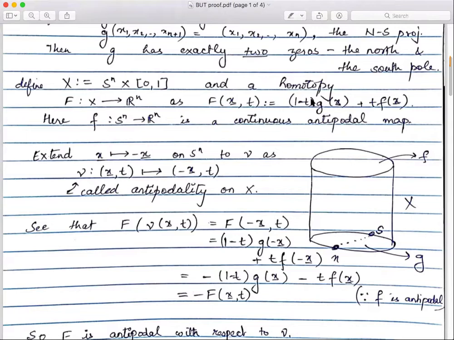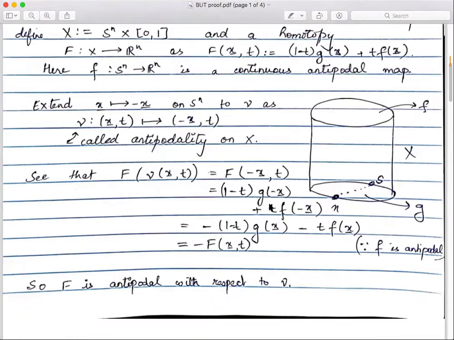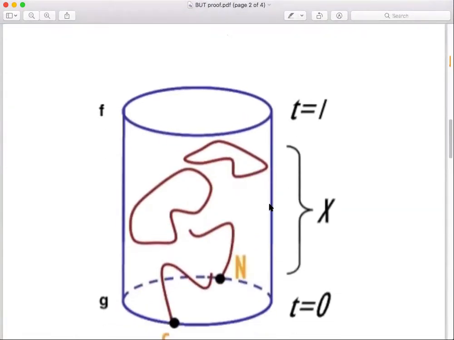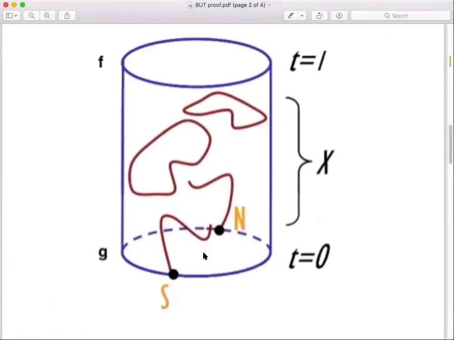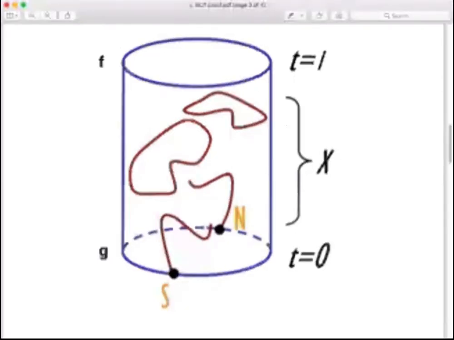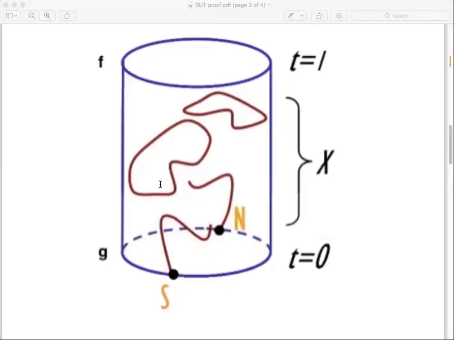At t equal to 1, the first term vanishes and you have f(x). So on the bottom it is defined as g, on the top it is defined as f. This is the entire space X, and in between, what F does is really join the segments.